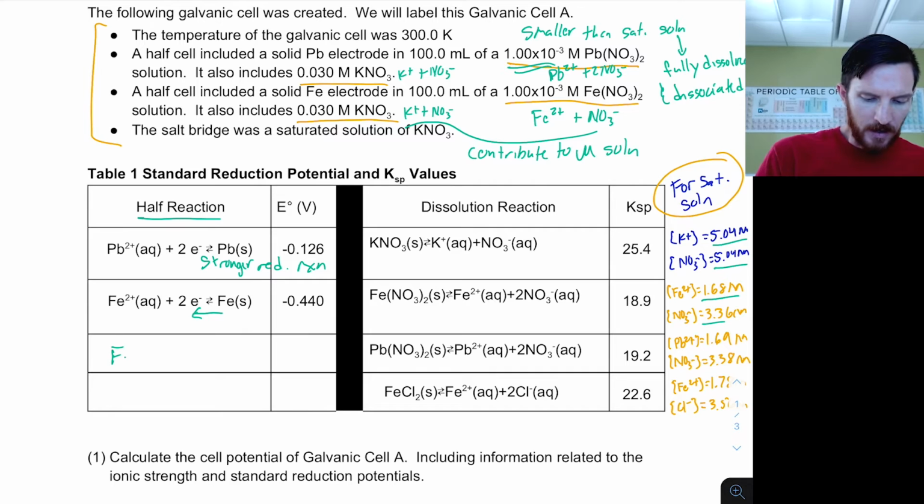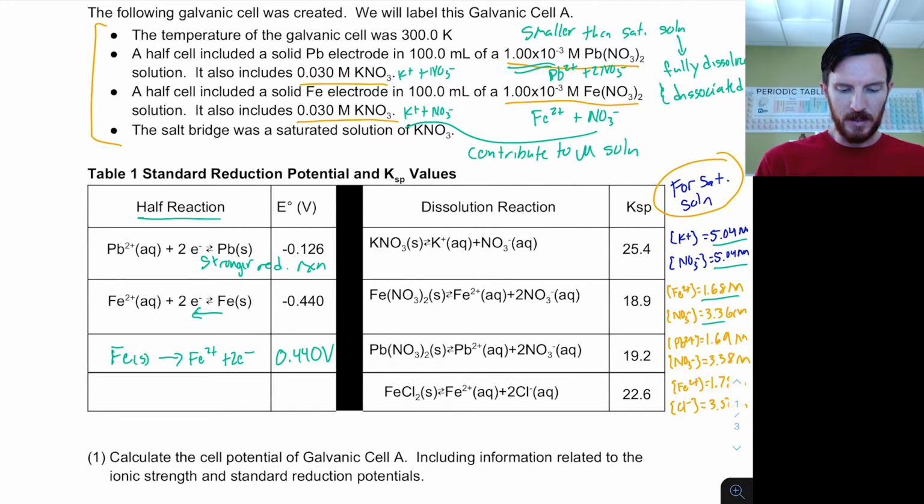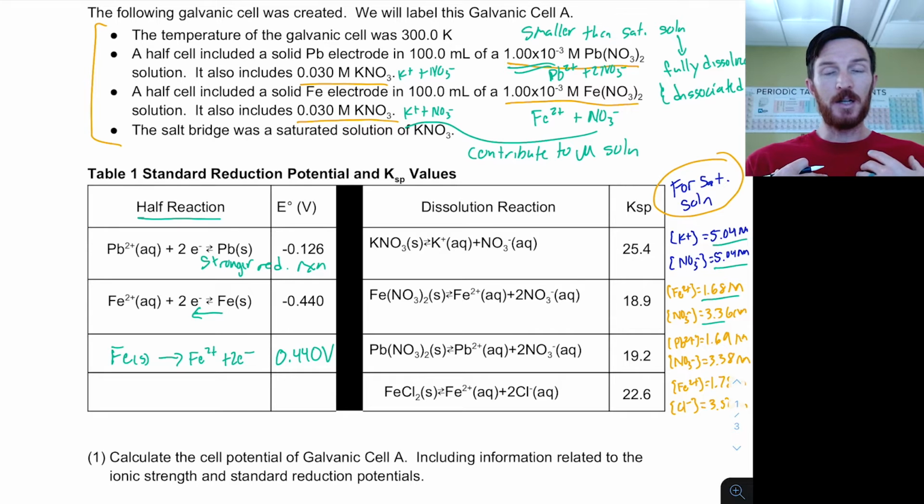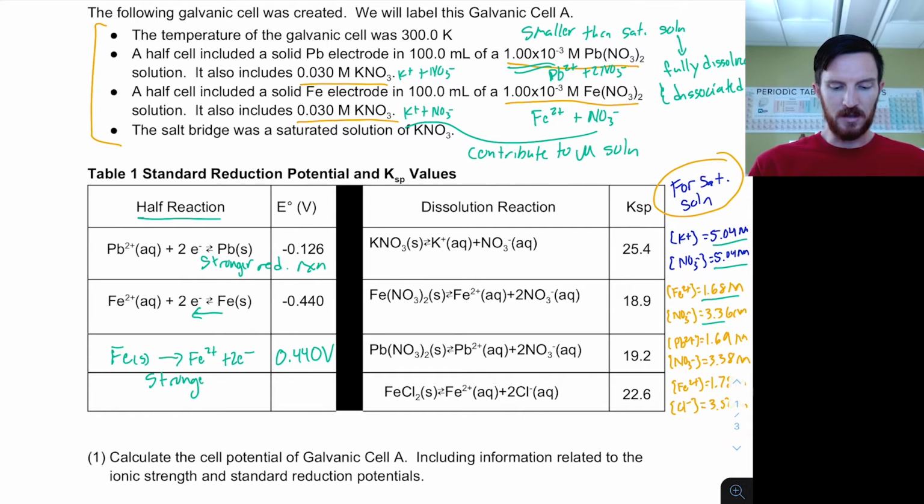And for our iron, if we go the other way and write it as solid iron going to iron 2 plus and 2 electrons, that potential would be positive 0.440. Because it's gaining electrons versus losing electrons, we flip the order of our reactants and products, and that gives us positive 0.44. This is a stronger oxidation reaction that we would see present here.